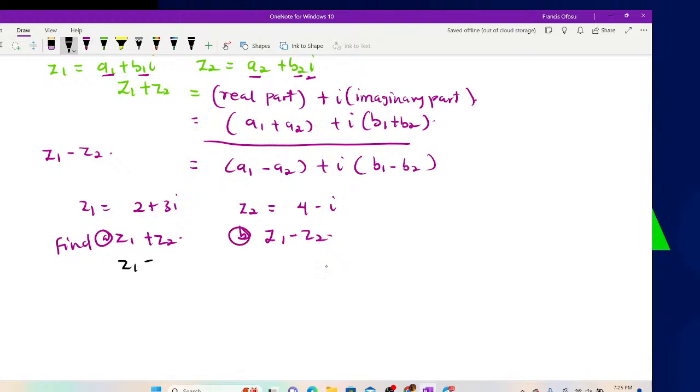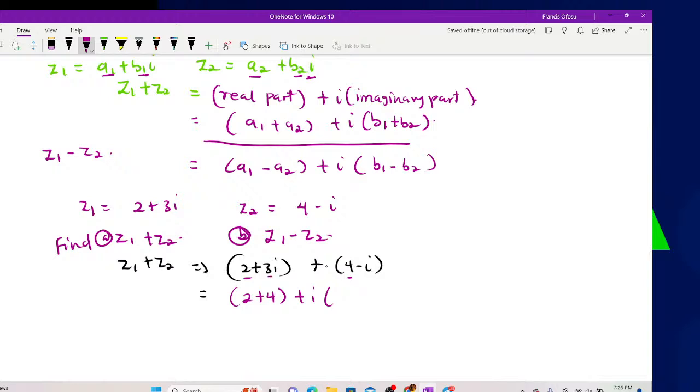Considering z1 plus z2, this is simply equal to, we take our z1 which is 2 plus 3i in one bracket plus the z2 4 minus I. As the rule said, we add the real parts together, right? So I'll add the real parts together separately. So 2 plus 4 plus I open brackets.